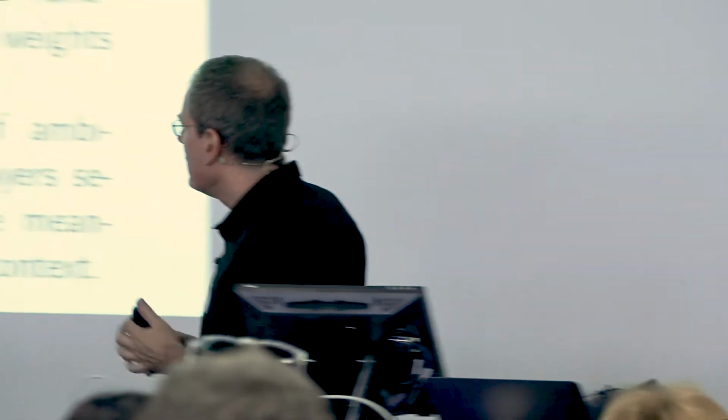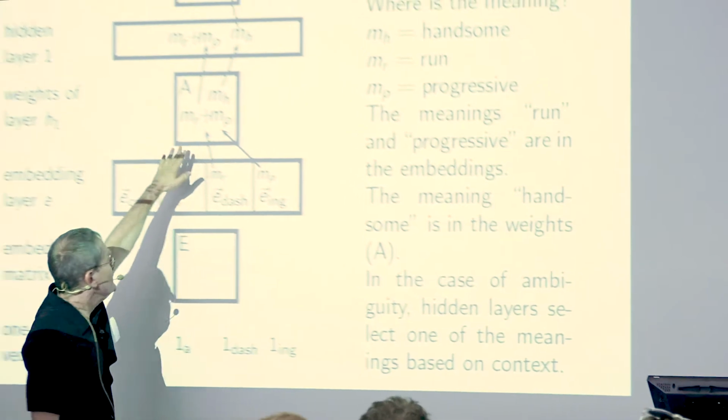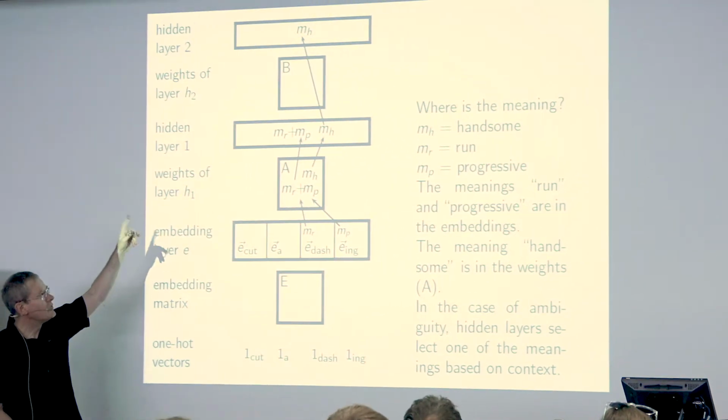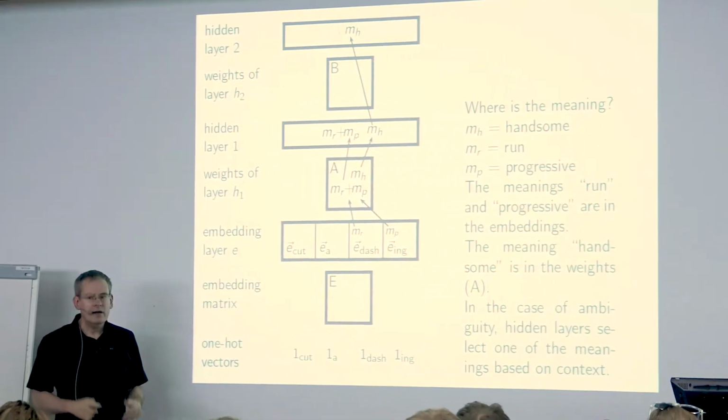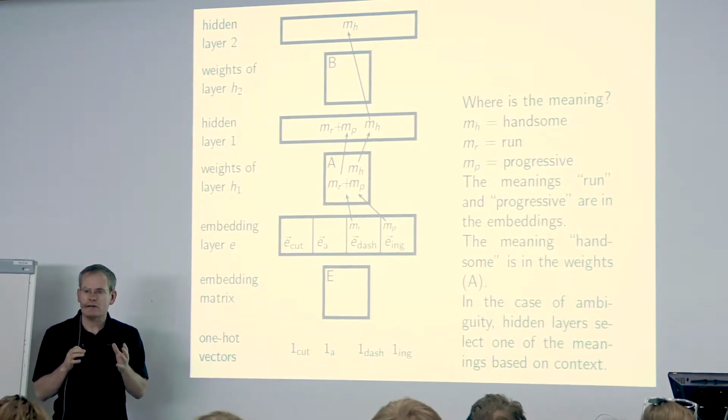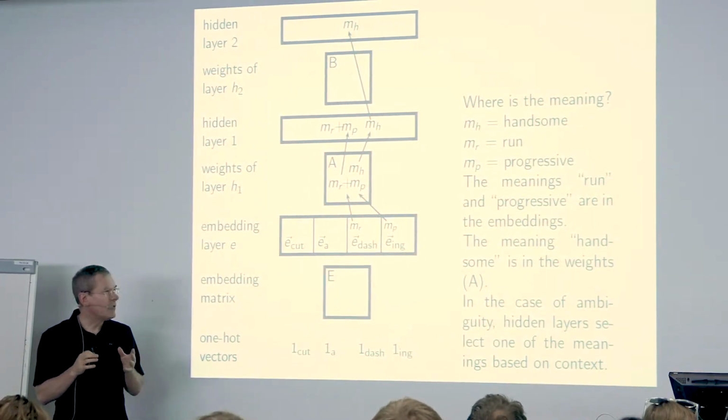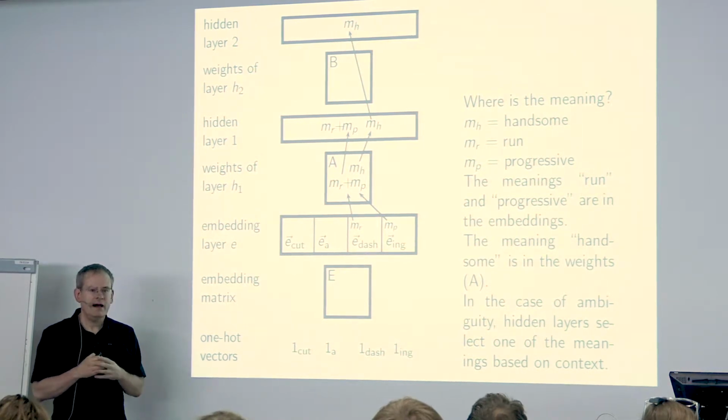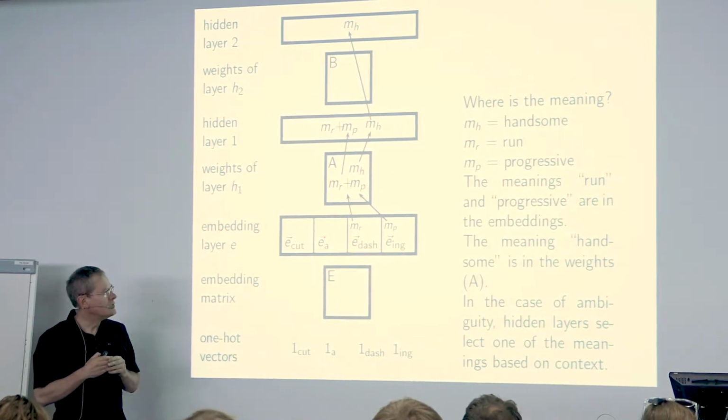Okay? In contrast, if you try to compose the meaning of dashing out of two subwords, dash and ing, then the same weights, these composition weights, are used for dashing and for all other compositions. So let's look at the picture. I'm talking about this matrix A here. This matrix A, and potentially also the higher layers, does all the compositions for us, and in particular, the idiosyncratic compositions like dash, ing, and so on.